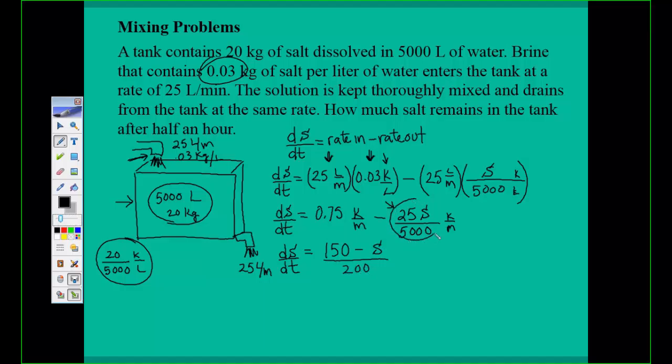Because this quantity right here would be 1 all over 200. Then when we got our common denominator, we have to multiply 0.75 times 200, which is 150 over 200. So there's our differential equation.